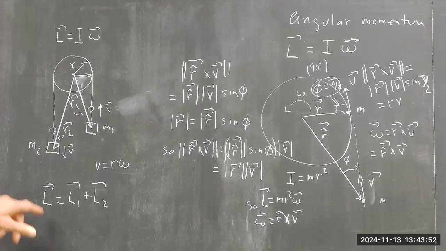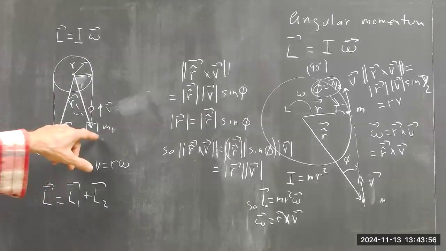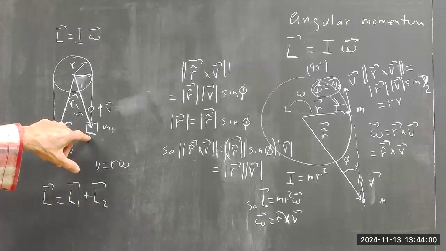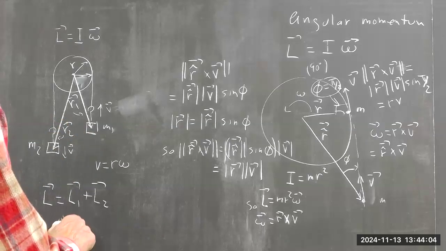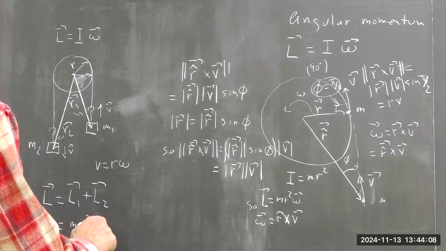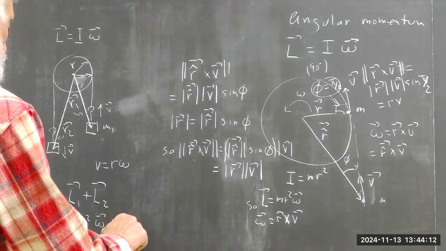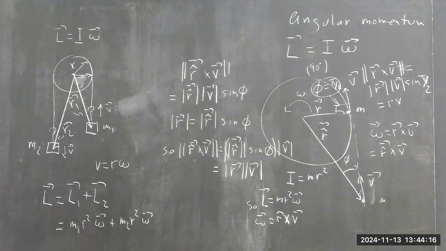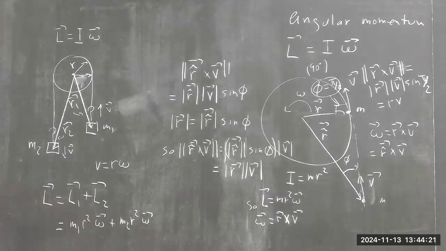The angular momentum of the whole system is the sum of the angular momentum of these two masses. So the angular momentum of mass M1 is going to be M1 R squared times omega plus M2 R squared times omega.